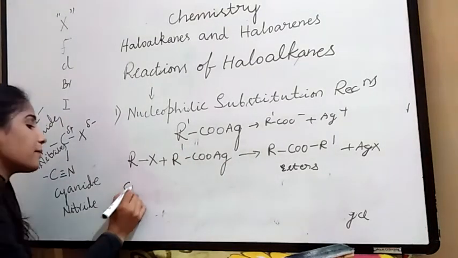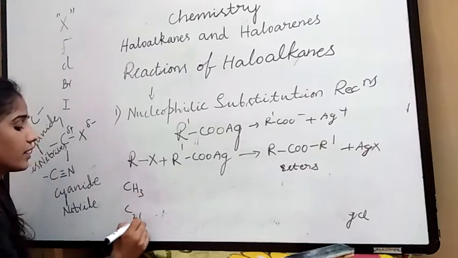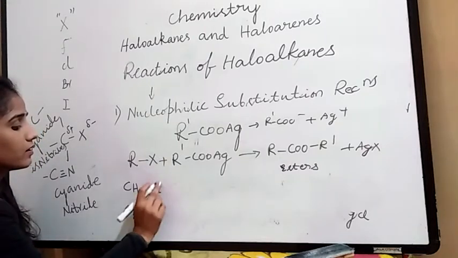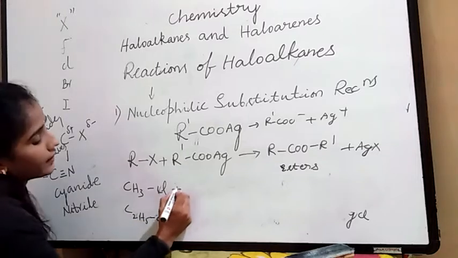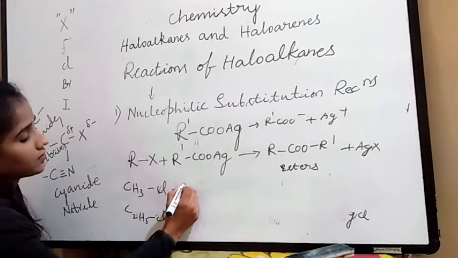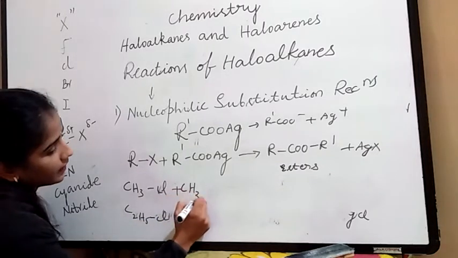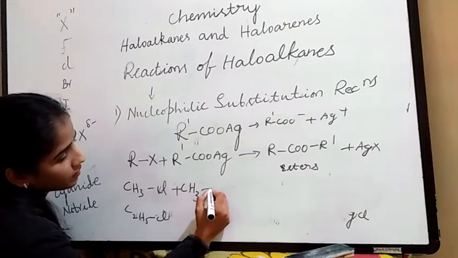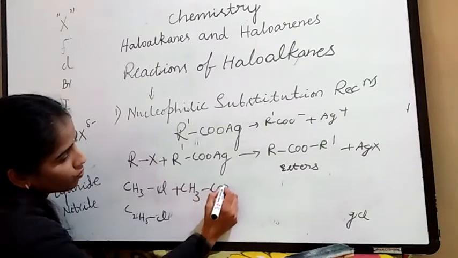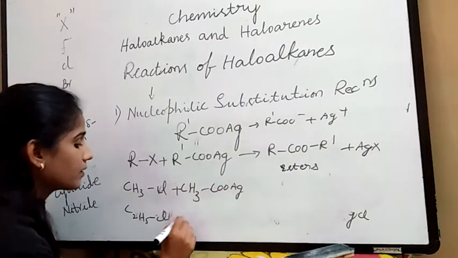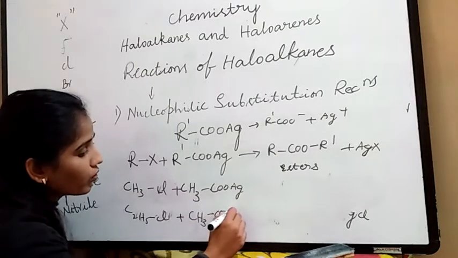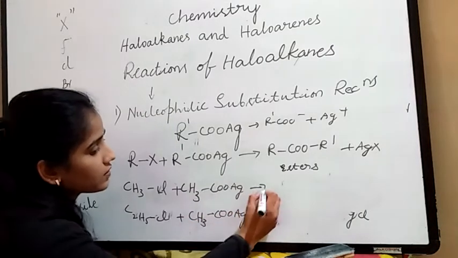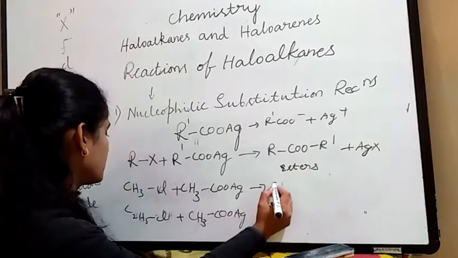So by taking an example of R equal to CH3 and C2H5, CH3Cl, whatever halogen you can take, plus CH3COOAg. This is an ester.